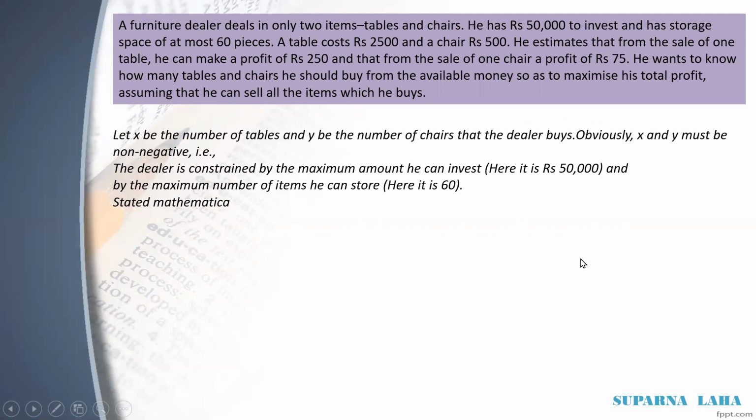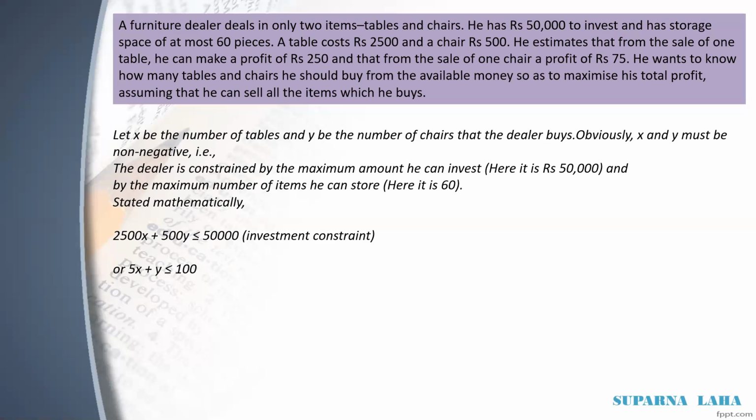Clear? So now if we want to write down the mathematical formulation of the given conditions. The cost of a table is rupees 2500. The cost of x tables is 2500x, and the cost of y chairs is 500y, and the total cost is definitely less than or equal to his investment, that is 50,000. And if we simplify it, we get 5x plus y less than or equal to 100.